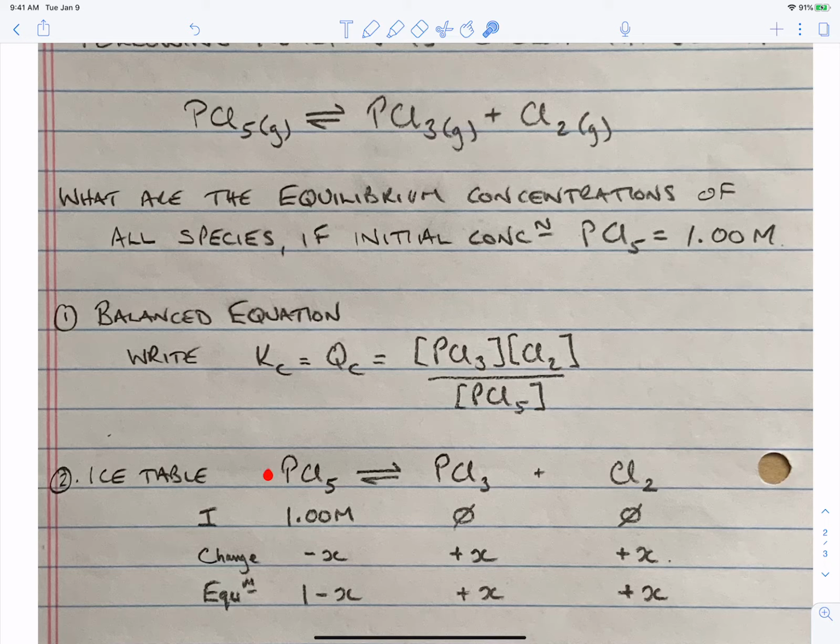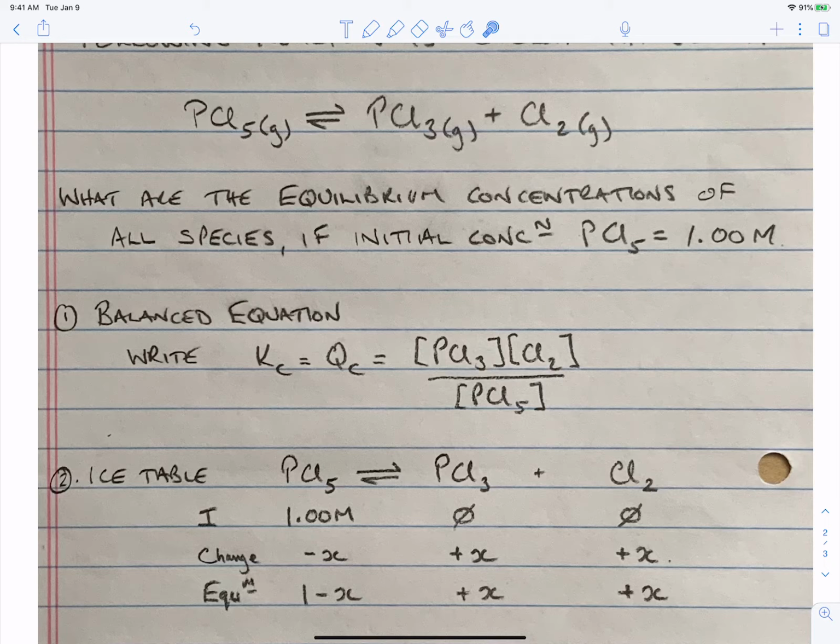So because there's a 1 here and there's a 1 here, if we get a decrease of minus x for PCl5, at the same time we get an increase of plus x for PCl3, because there's a 1-to-1 relationship between these two. There's also a 1-to-1 relationship between PCl5 and Cl2, so this also increases by a value of x.